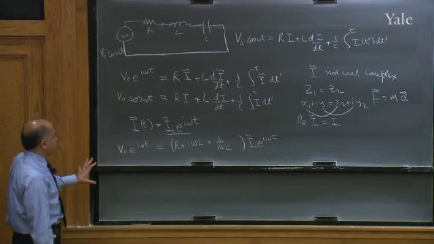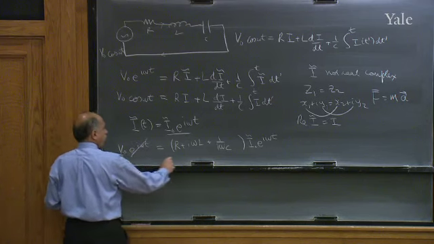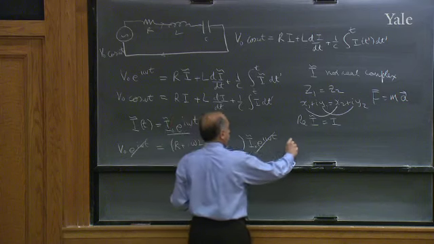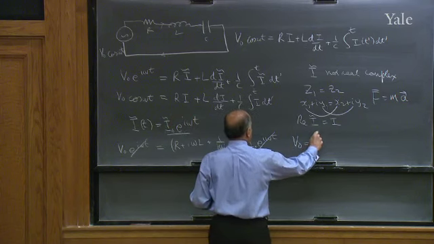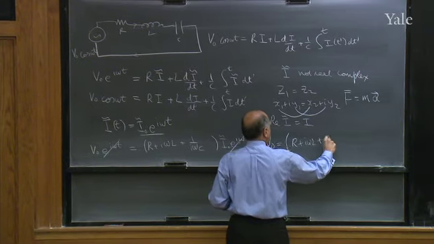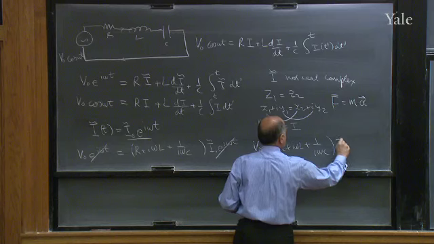So the time dependence, this is a time-dependent problem, but miraculously, the time dependence matches on the two sides. And now we get this equation, v0 equals r plus I omega L plus 1 over I omega c times I0 twiddle.